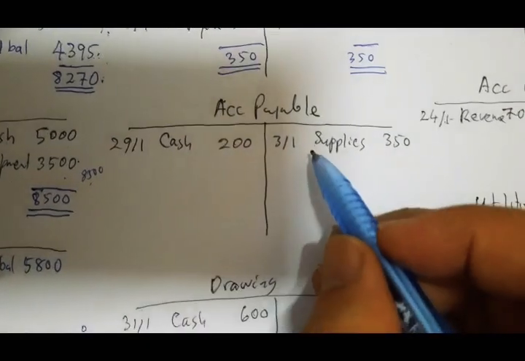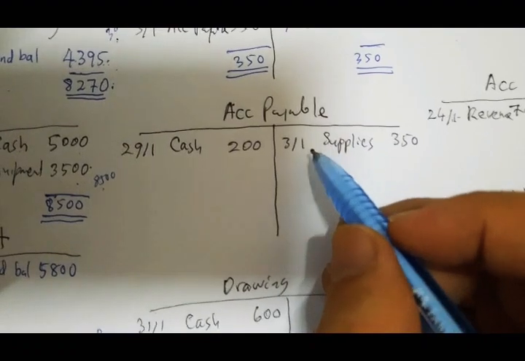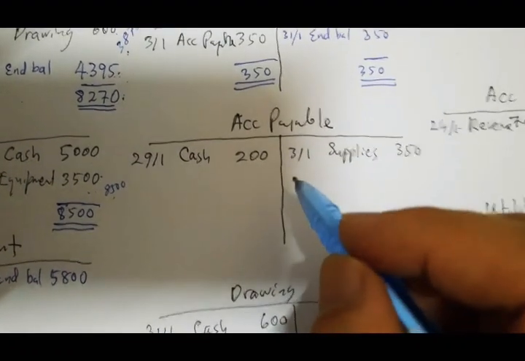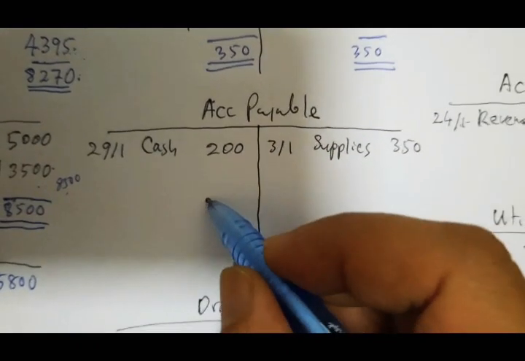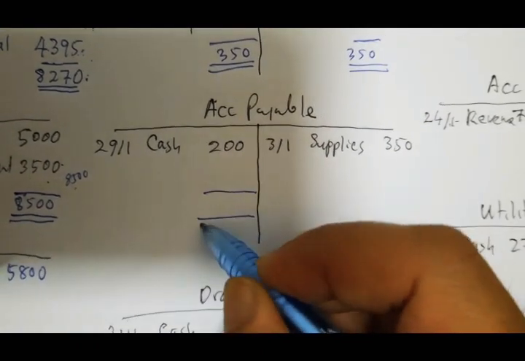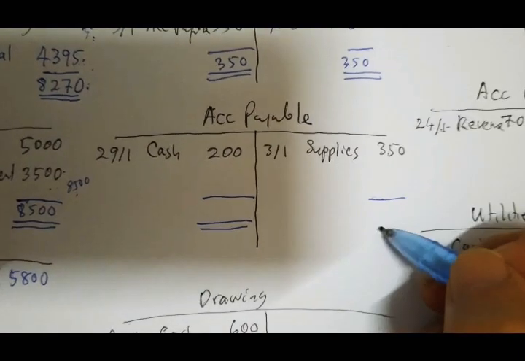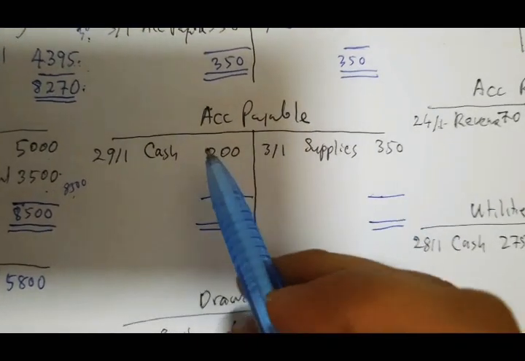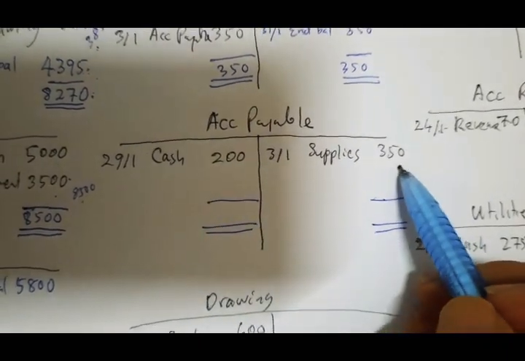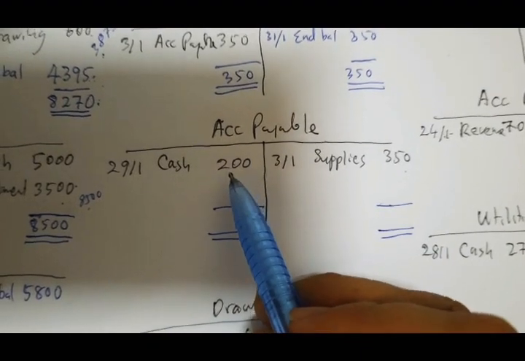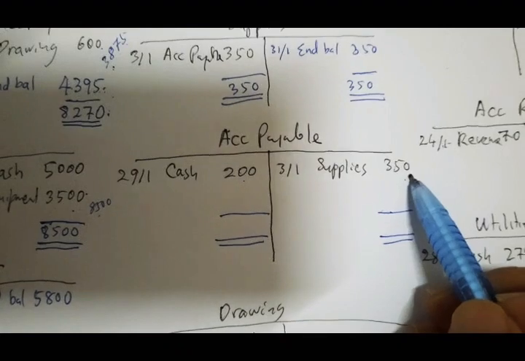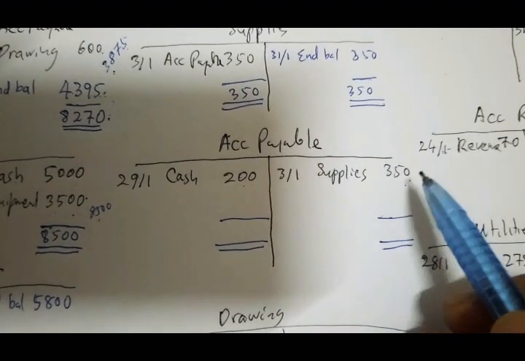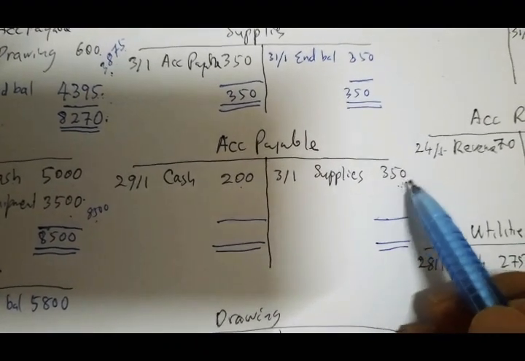Okay, now see here. Now I will show you again how to calculate the ending balance for account payable. First you have to calculate the total in the debit side and the credit side. The total in the debit side is 200. The total in the credit side is 350. Which one is higher? This side is higher, so you use this amount.